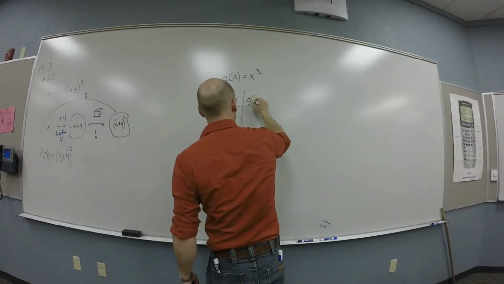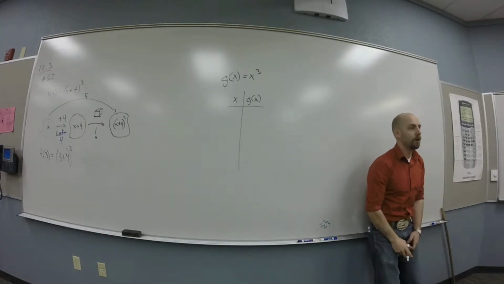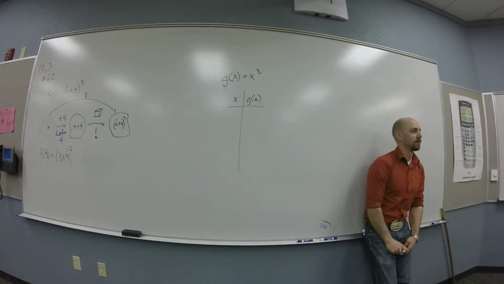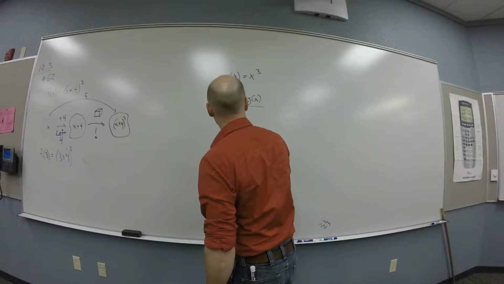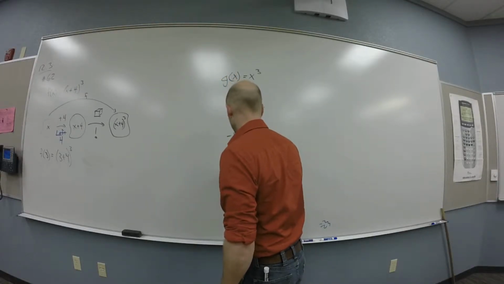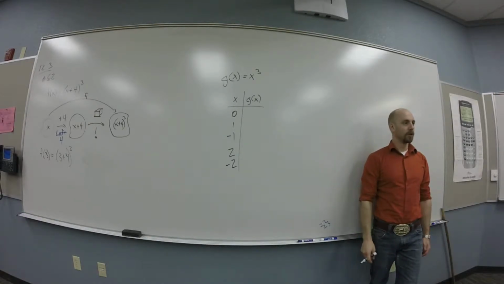I've got x and g of x, right? What are your favorite inputs? 0, 1, -1, 2, -2, right? Kind of 5 favorite inputs. Okay, what do I get out?